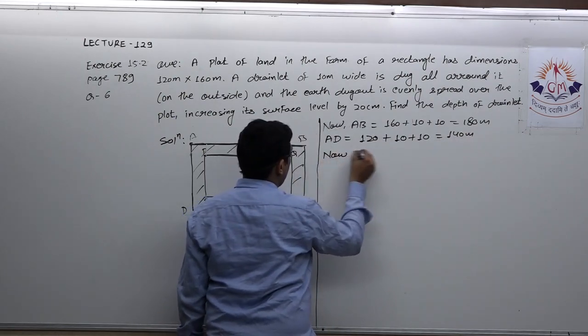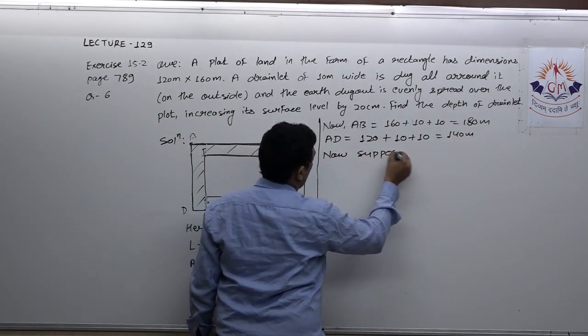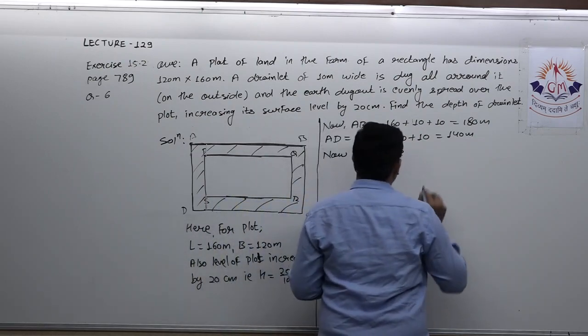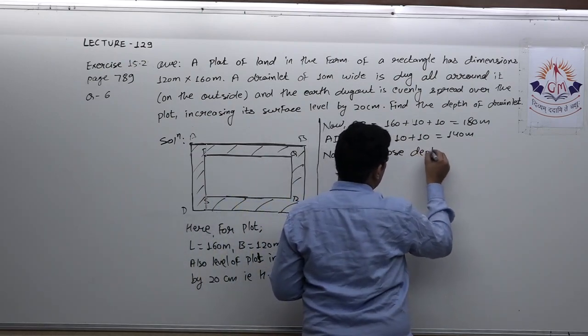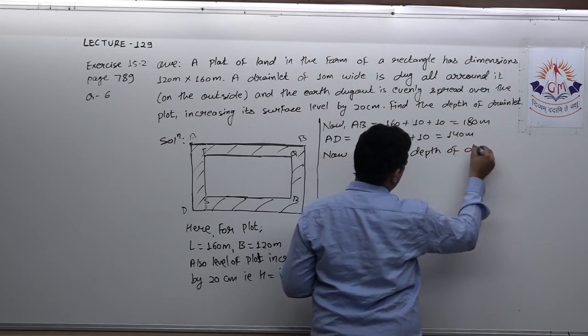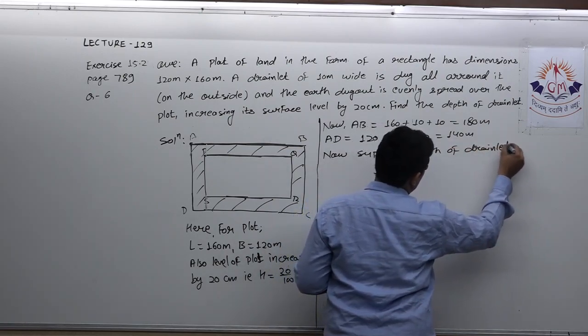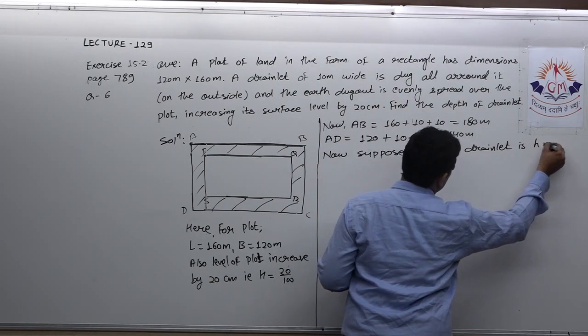Now suppose the depth of the drainlet is h meters.